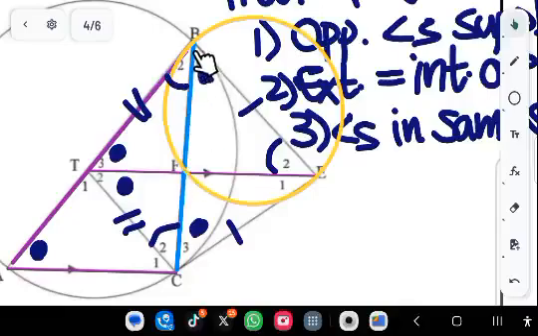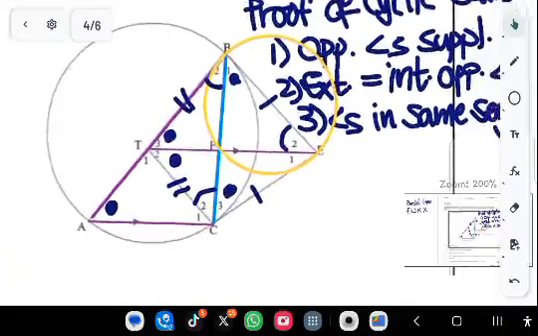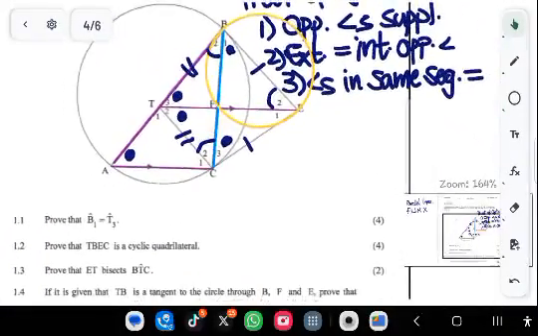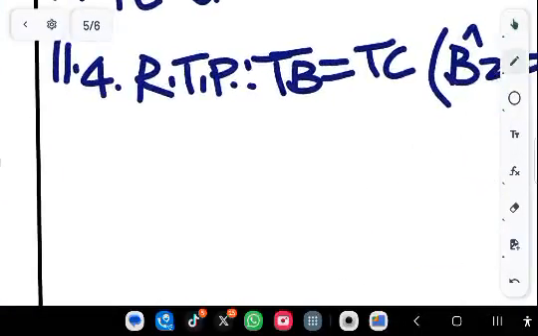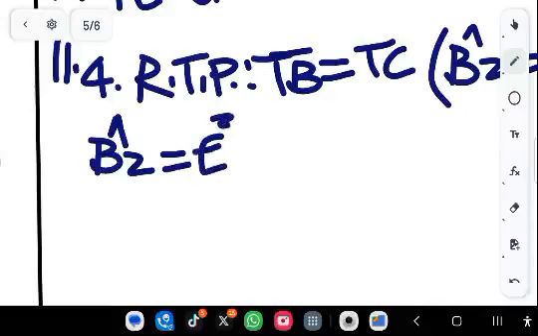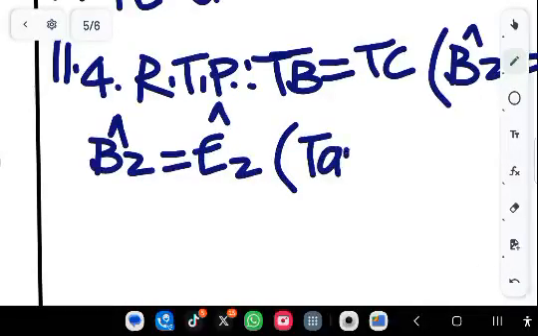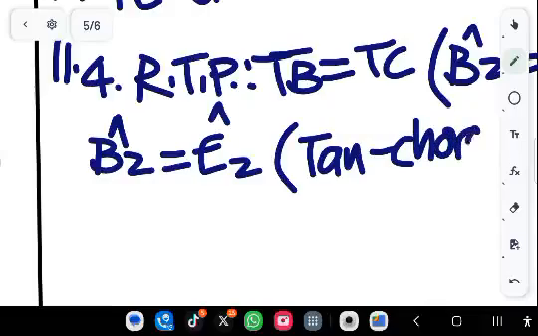There is the chord BF and the tangent, so it subtends the angle in the alternate segment. So angle B2 equals angle E2, and the reason is tan chord.